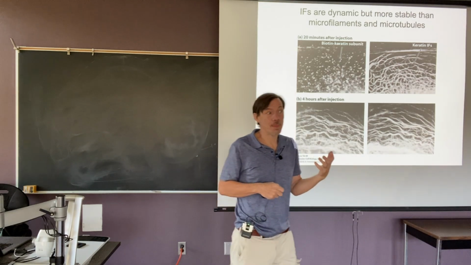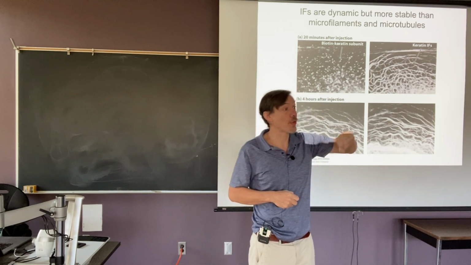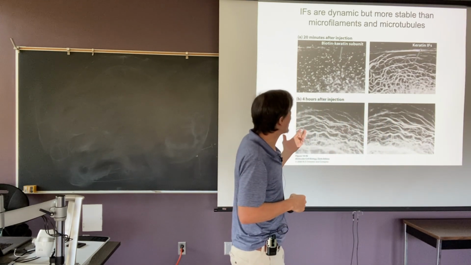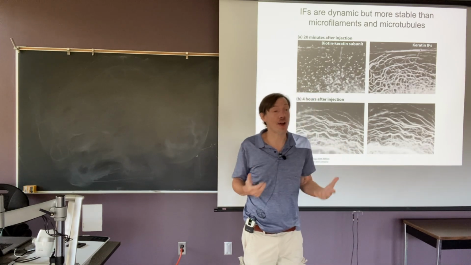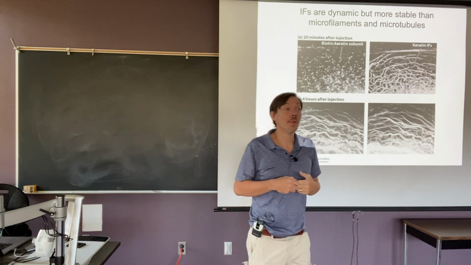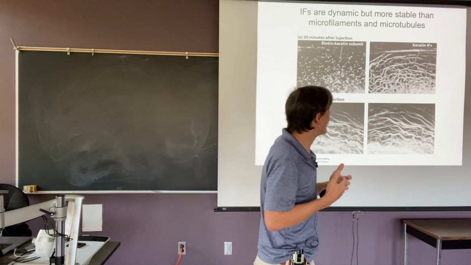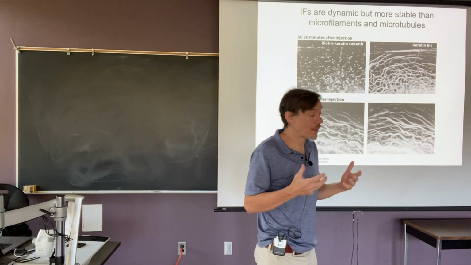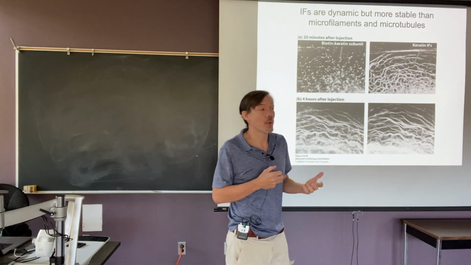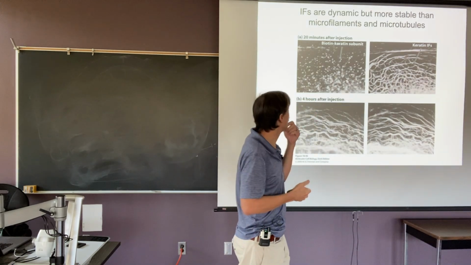They use ATP hydrolysis to control their assembly and disassembly. It turns out that intermediate filaments do not associate with ATP or GDP. But nonetheless, they are still dynamic. It just turns out that they're much less dynamic than the microtubules and the actin filaments.